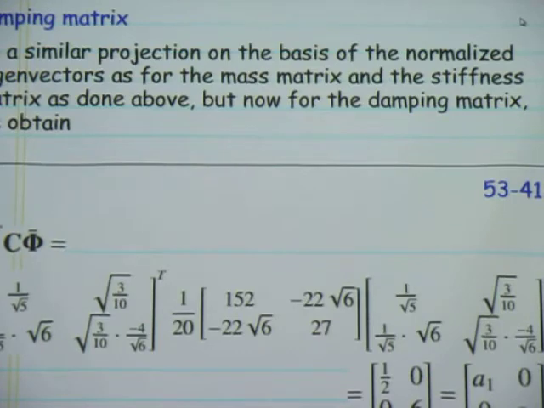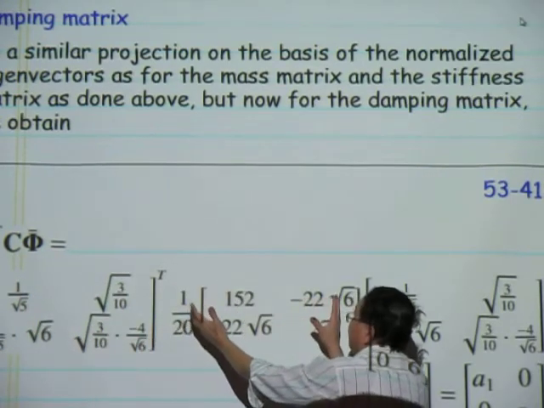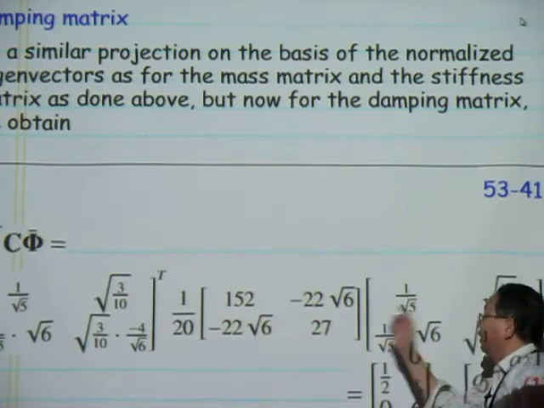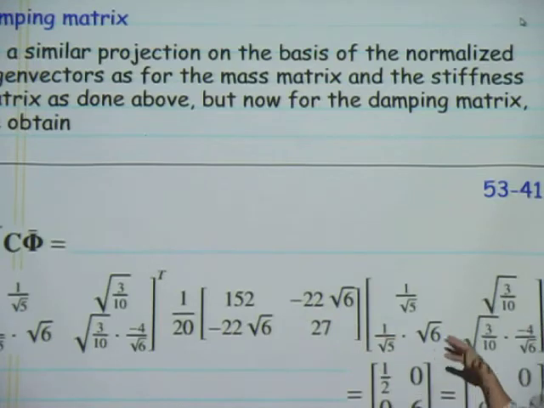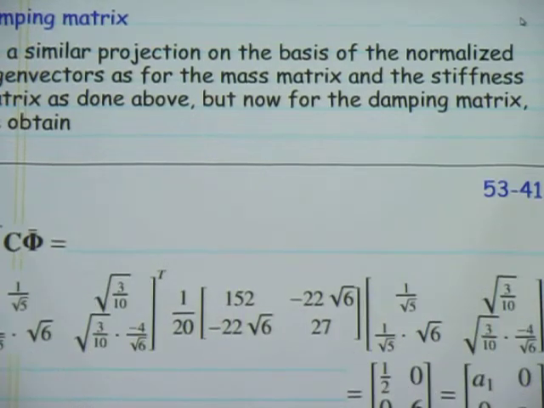If you replace phi bar transpose times the damping matrix C with all the numerical coefficients, and this is phi bar, then you would obtain a diagonal matrix, and I give the symbols A1 and A2 for these two modal damping coefficients.